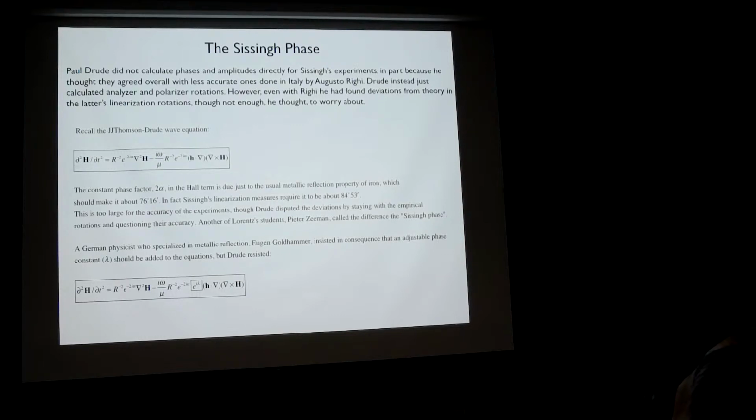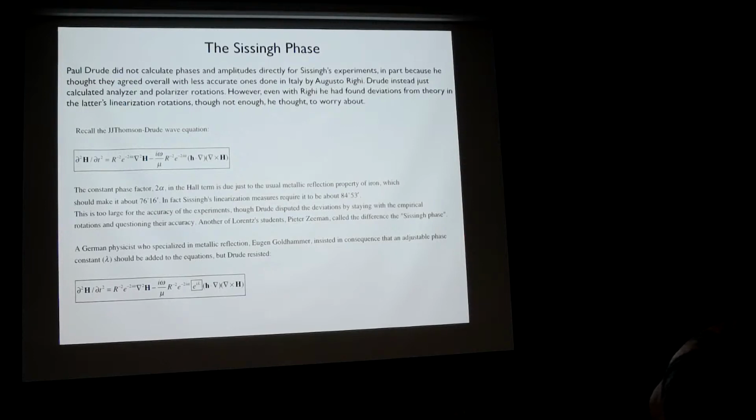And these observations, by the way, require you to measure very carefully into small differences down into the minutes, sometimes fractions thereof. But Sissing's experiments seem to require that this factor here has to be about 84 degrees, 53 minutes, a considerable difference between what it should be on the basis of this here.